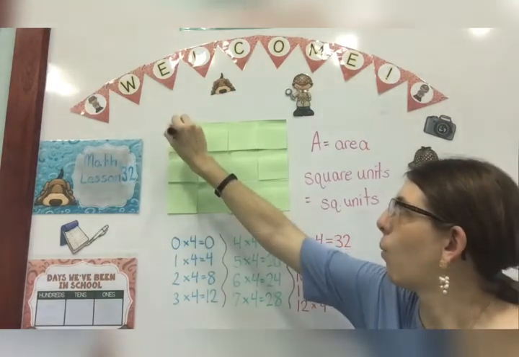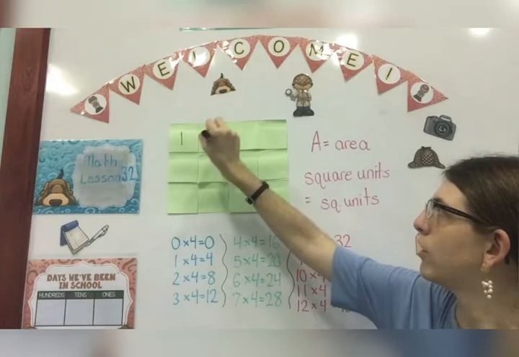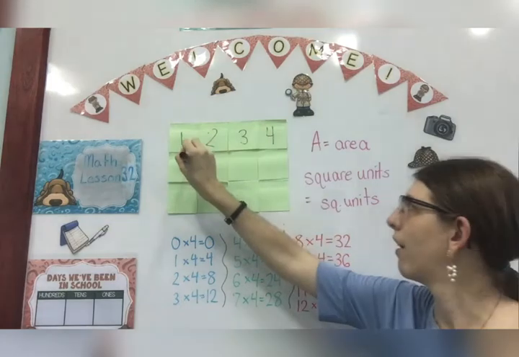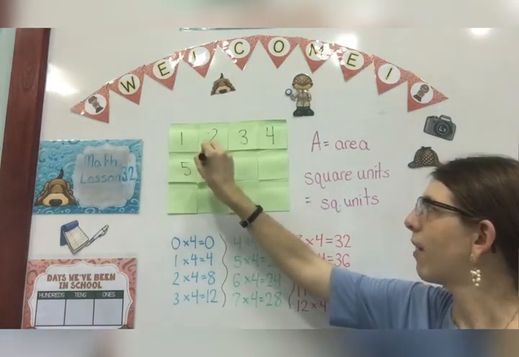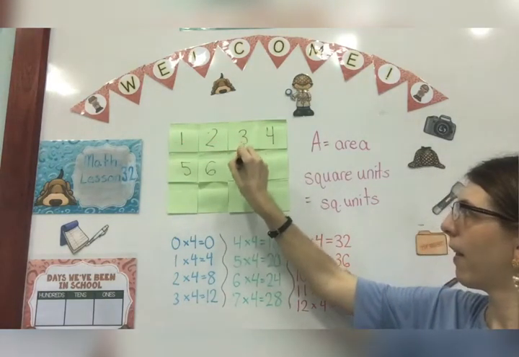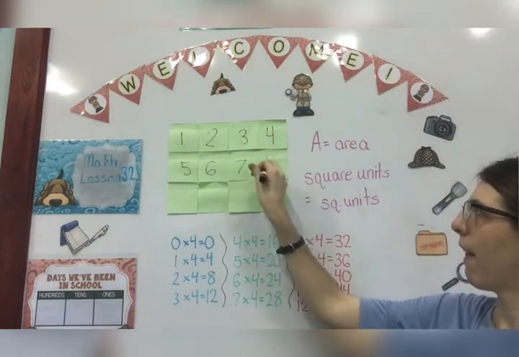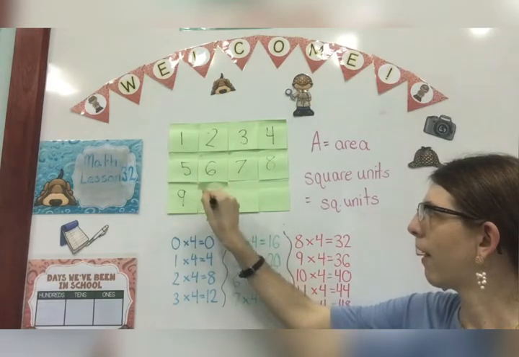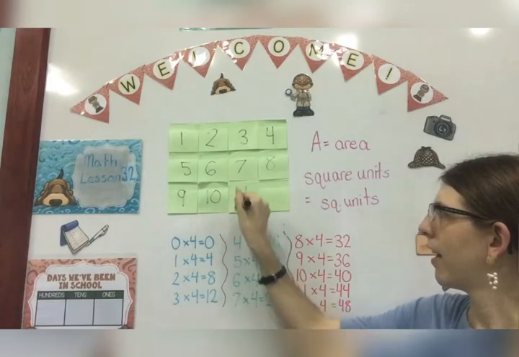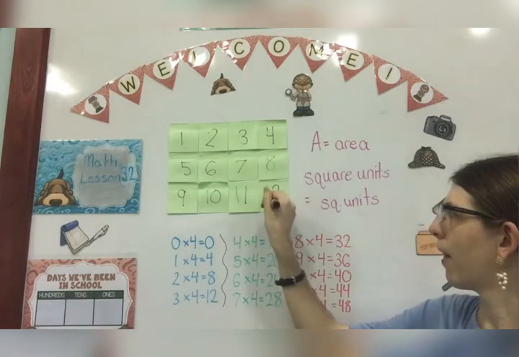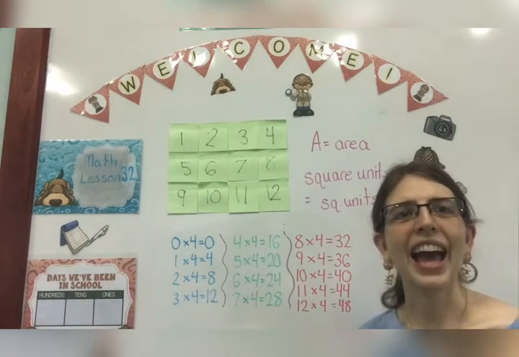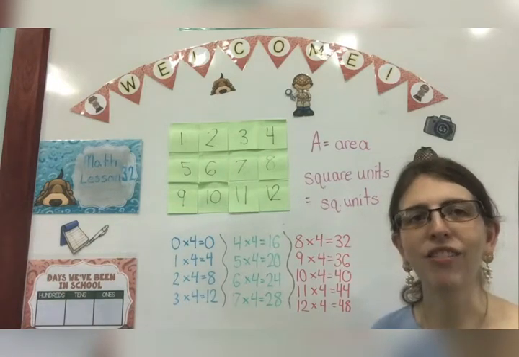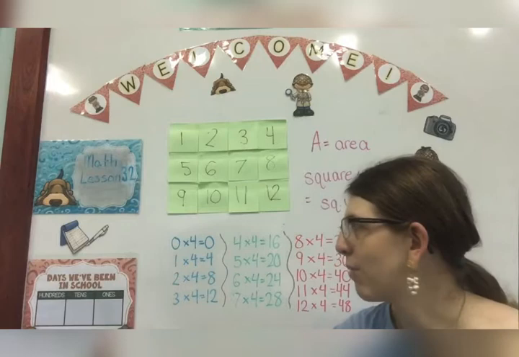I have 1, 2, 3, 4, 5, 6, 7, 8, 9, 10, 11, 12. I have 12 squares. So my area is 12 square units. I could write it like this.